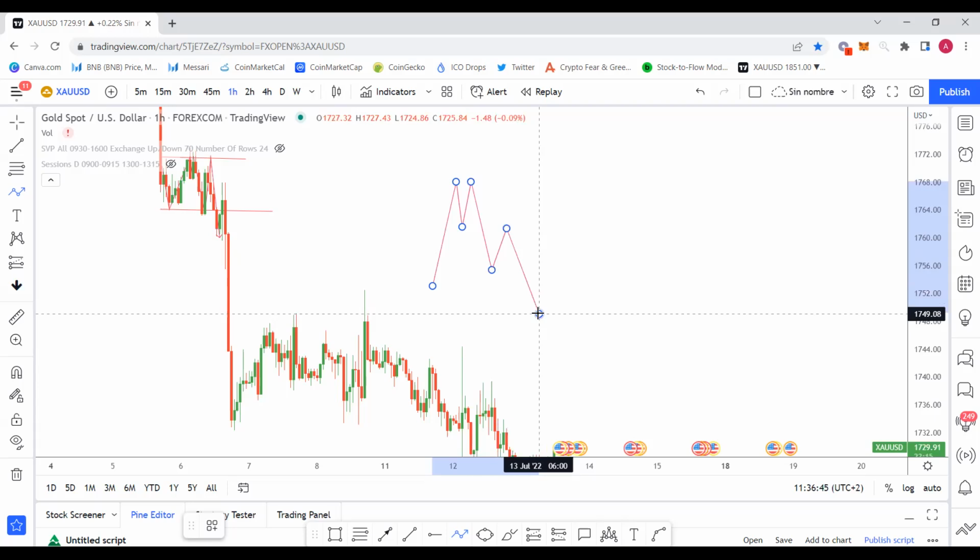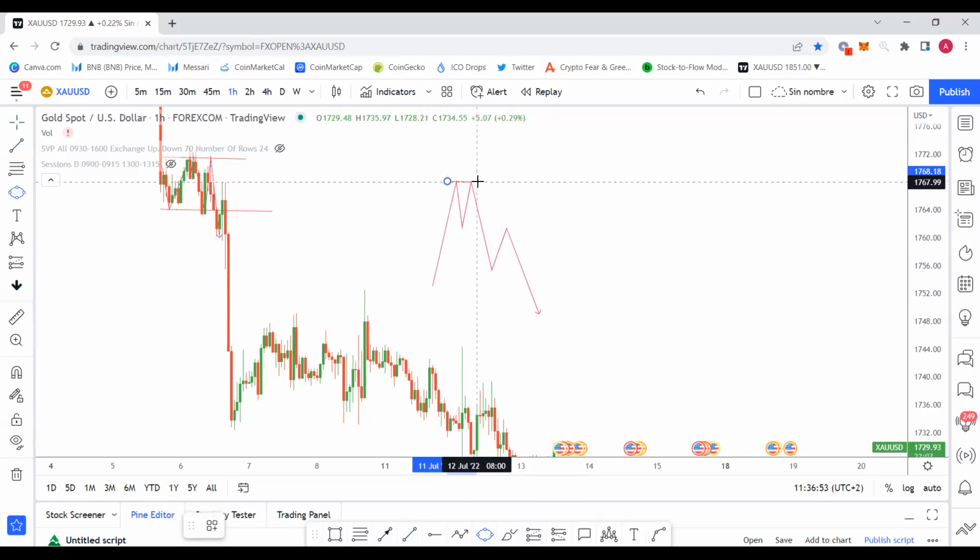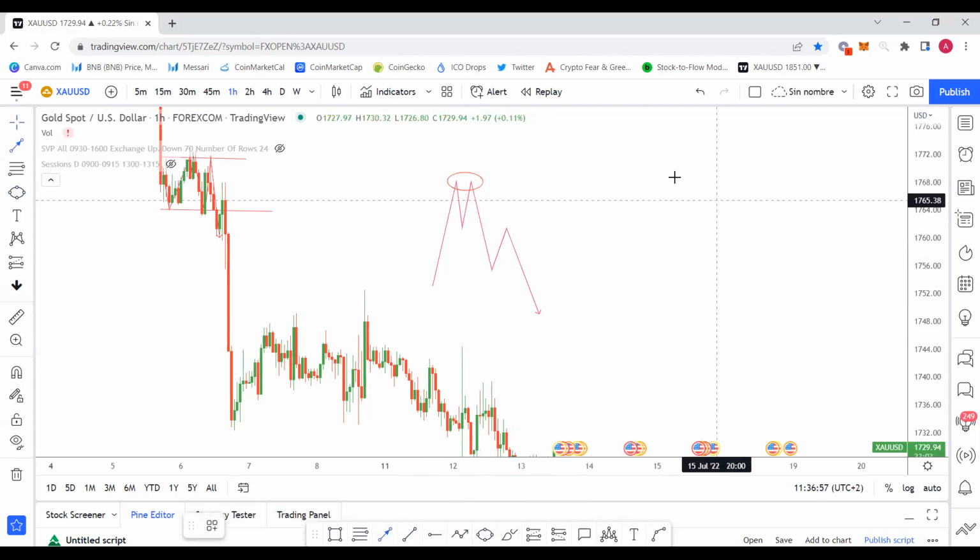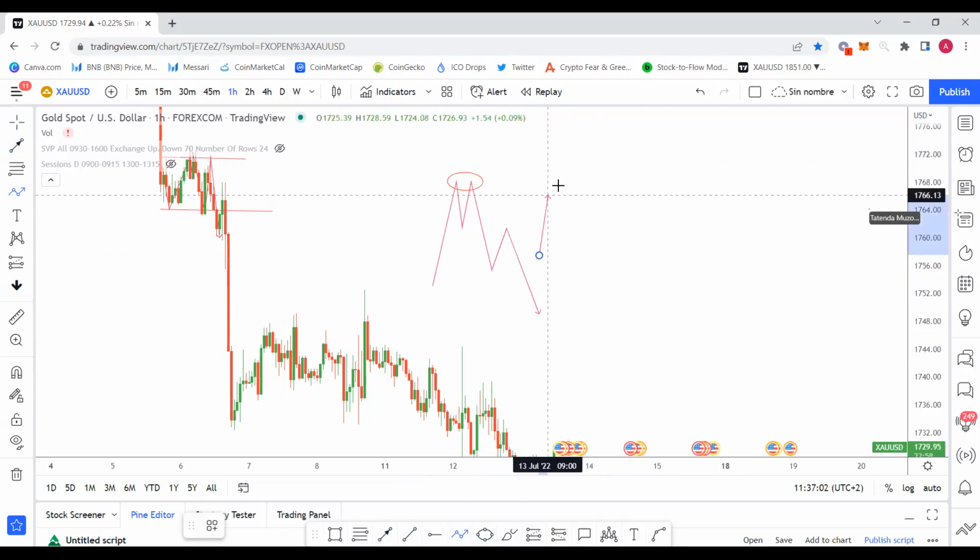This is the first one. Come on, guys, let's see if you can tell me the name of this pattern. First pattern. I want to read them in the chat. Very easy.